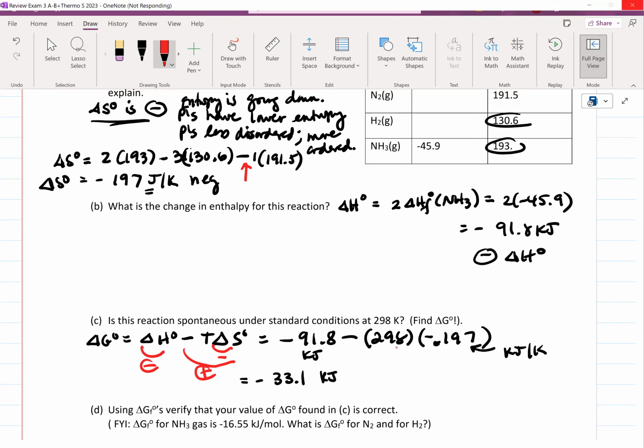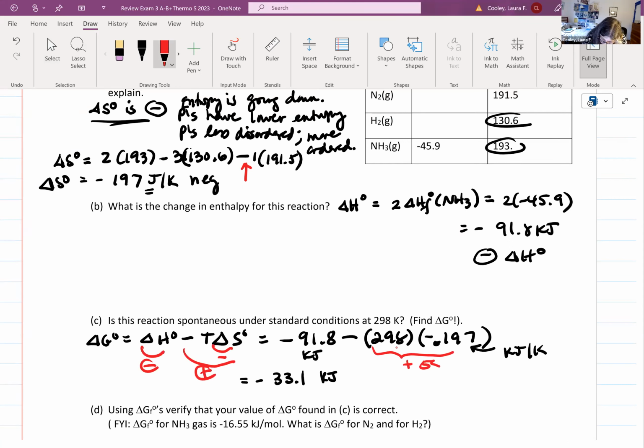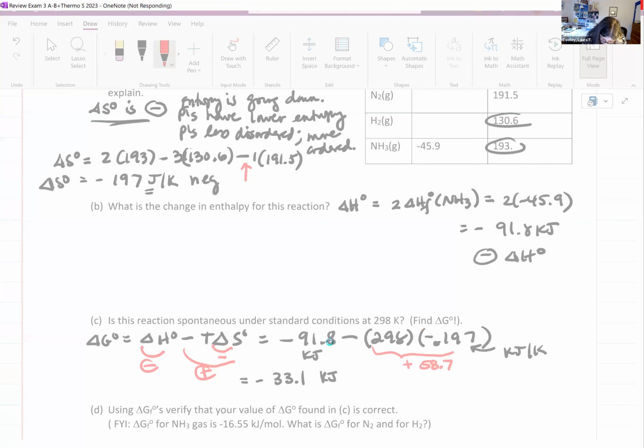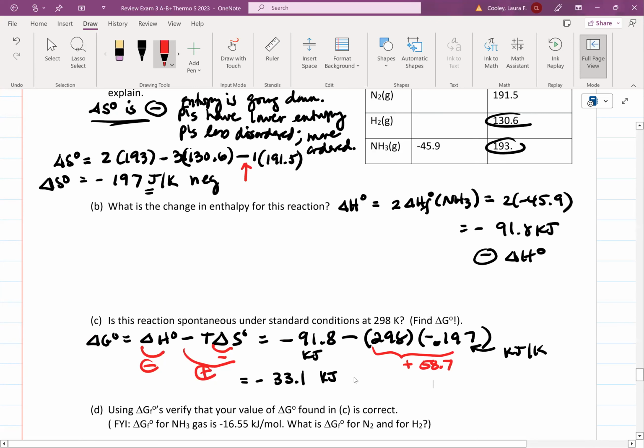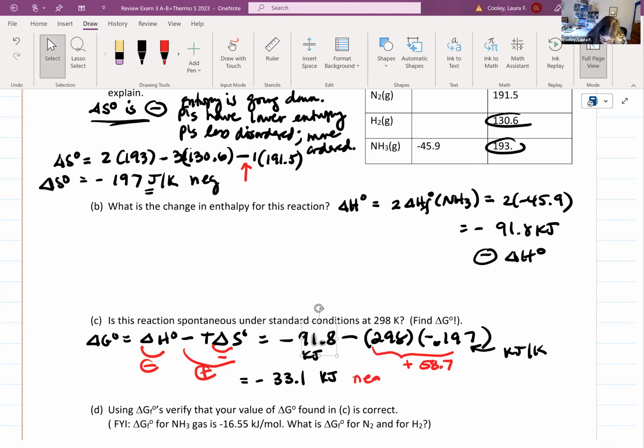This is actually plus 58.7. So you could see this number here, 91.8, is more negative. This is positive. So it's negative. And so the answer is yes. It's spontaneous under standard conditions at 298.